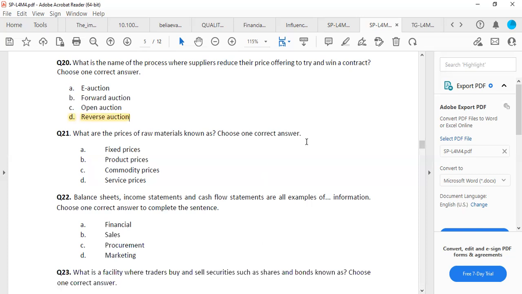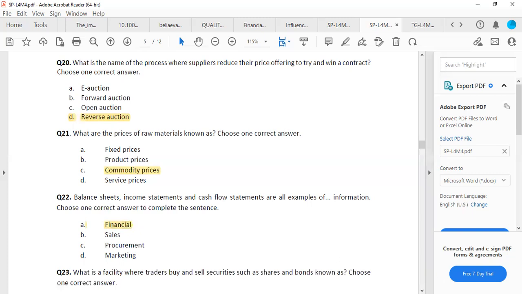Okay, that's fine. Question 21, what are the prices of raw materials known as? Choose one correct answer. Commodity prices. Yes, they are commodities. Raw materials are also called commodities.